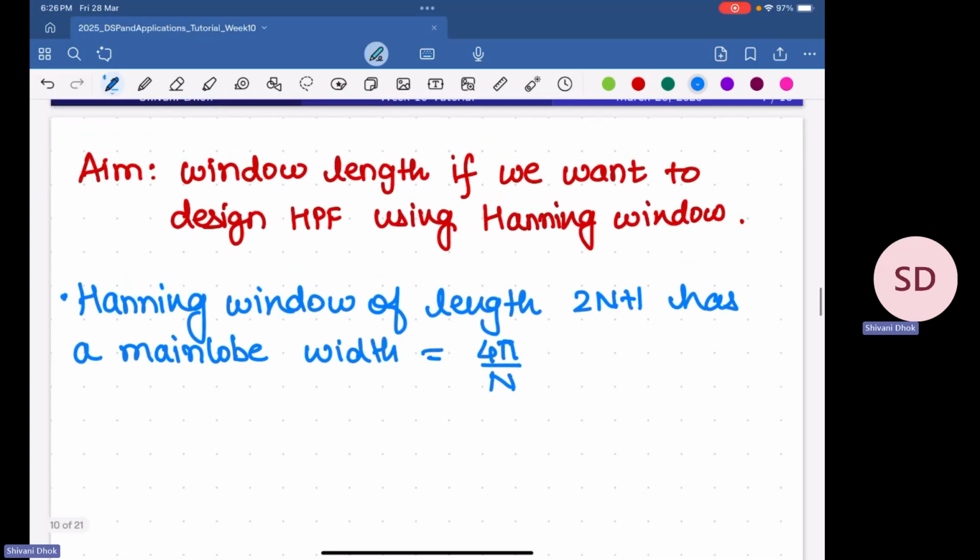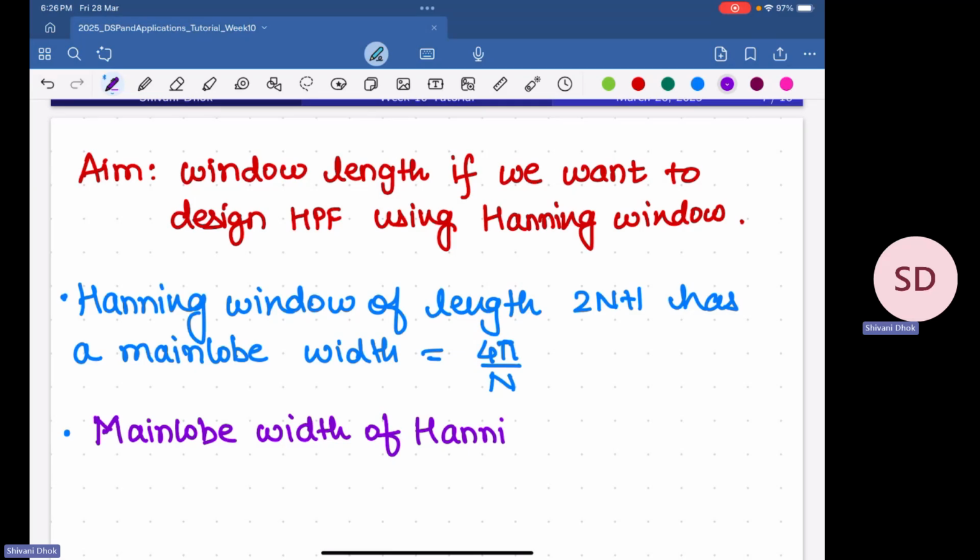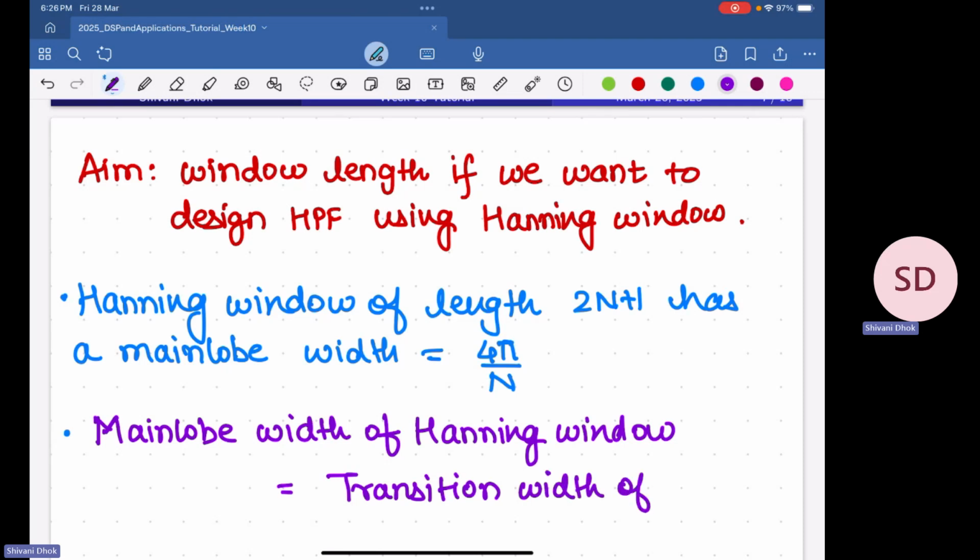Another important thing that we need to know is this main lobe width is responsible for the transition width or the transition band size of the filter. So this main lobe width of Hanning window, or for that matter any window, is equal to the transition width of the filter.